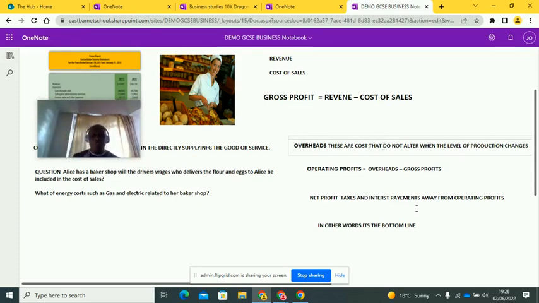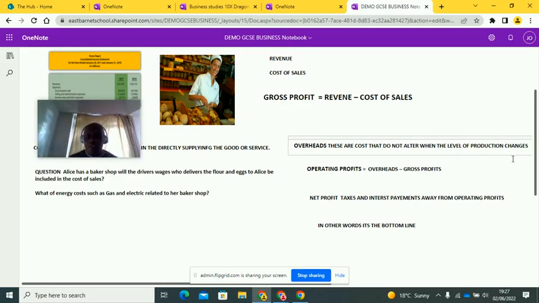Hopefully you know some examples of overheads, such as things like rent. Doesn't matter how much you produce or how much you sell, the cost of the rent will still be there. It's not going to change. It's a fixed cost. So overheads are costs that do not alter when the level of production changes. In other words, they are fixed costs.